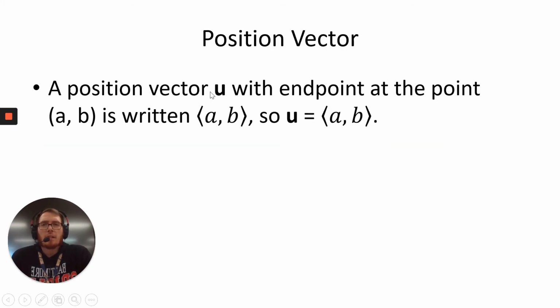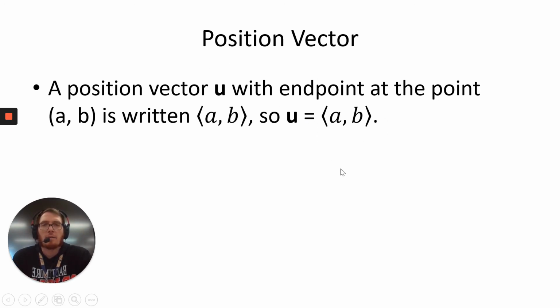Okay, the position vector, vector u. u and v are typically used for vectors. The notation here is, think of it like starting at the origin and going to a point (a, b). You use these triangular brackets, not parentheses. So vector u has <a, b> as its vector.